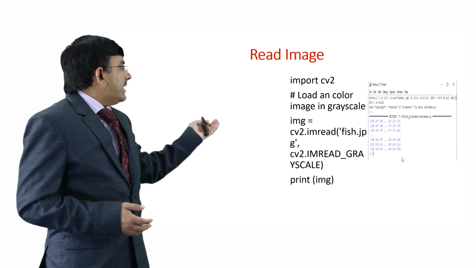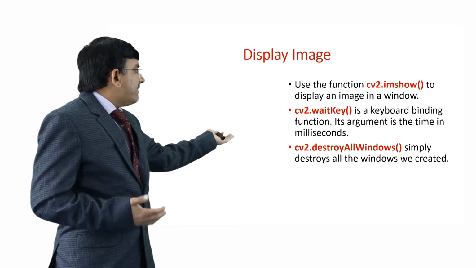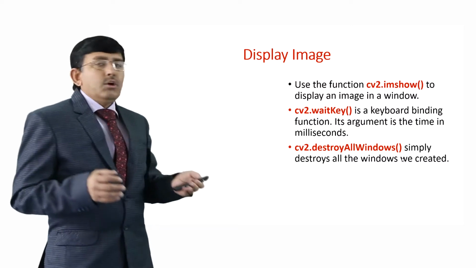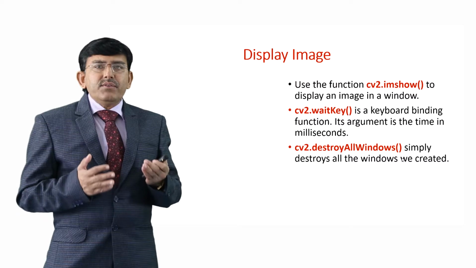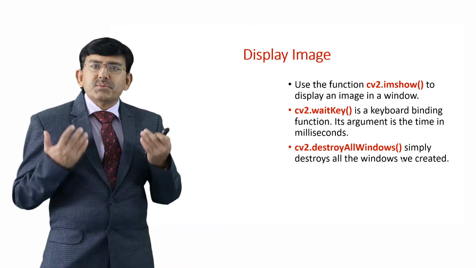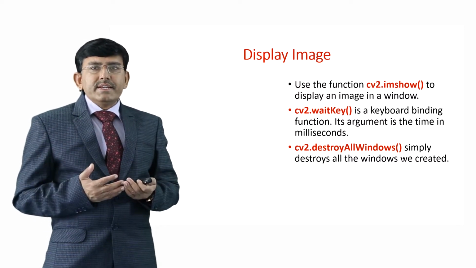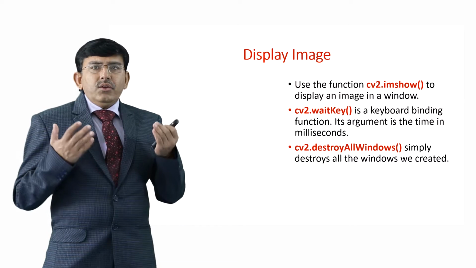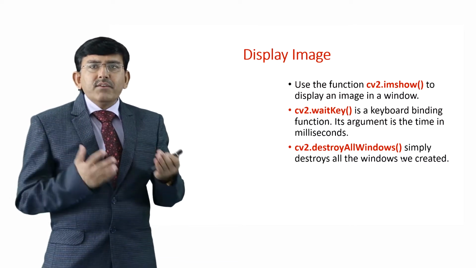Now here it is shown the way to display the image on the display device, especially on the monitor. Use the function cv2.imshow, which is used to display an image in a window. cv2.waitKey is a keyboard binding function.